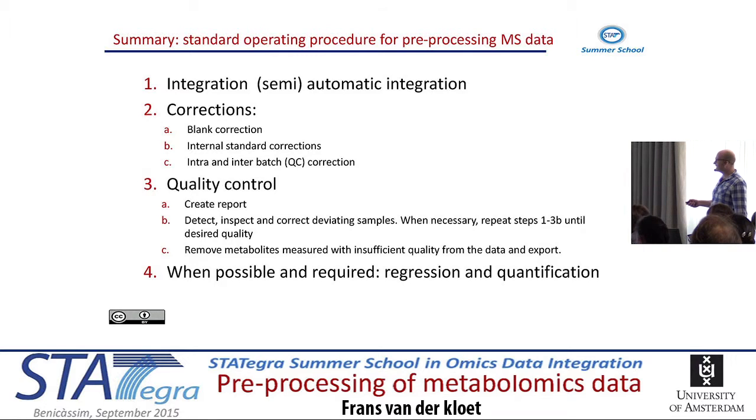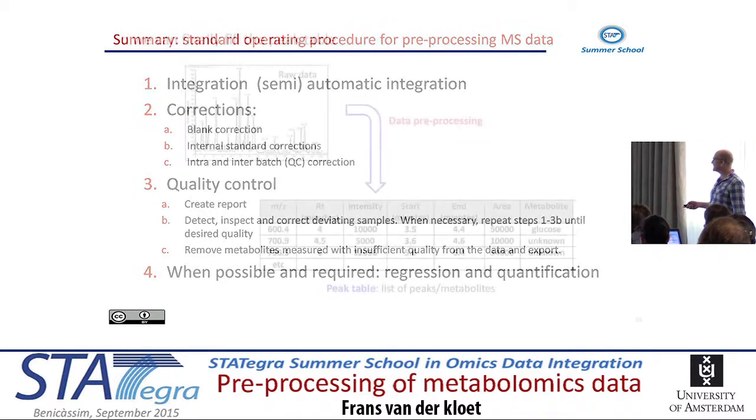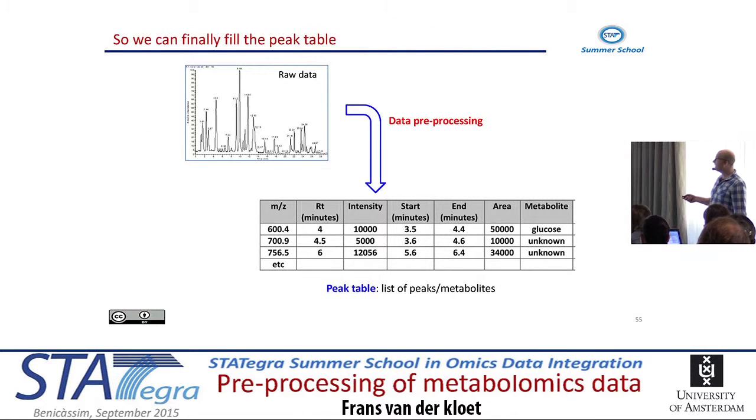We can detect, inspect, and correct deviating samples, and when necessary, we can repeat that again. Then we remove metabolites measured with insufficient quality, which is also for untargeted analysis, from the data and export. When possible and required, we can regress and quantify, if I have added the appropriate quantification calibration lines. So finally, I can fill my table with my numbers.